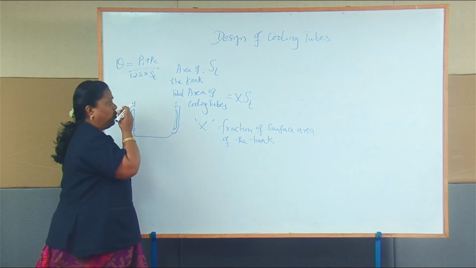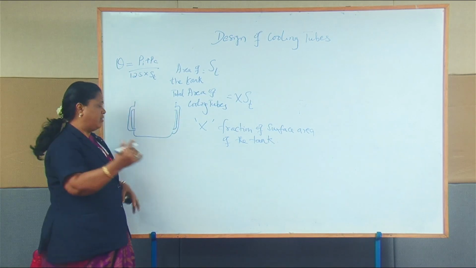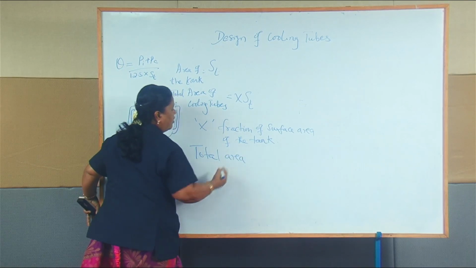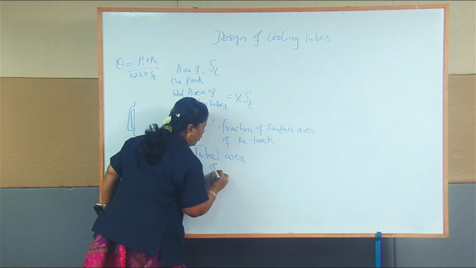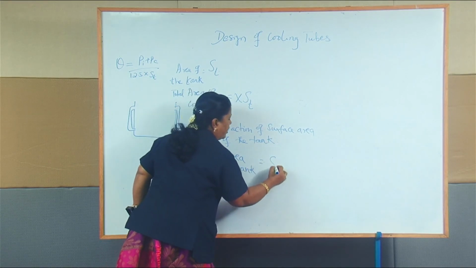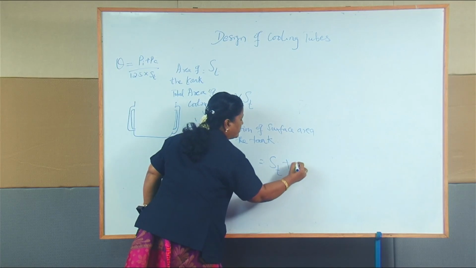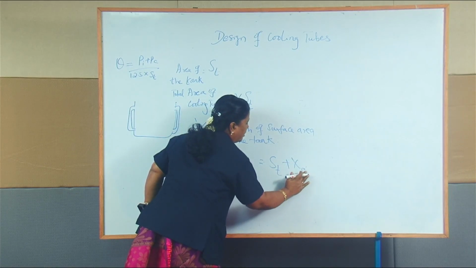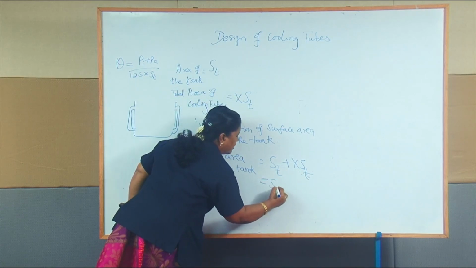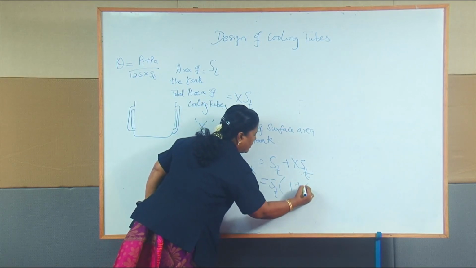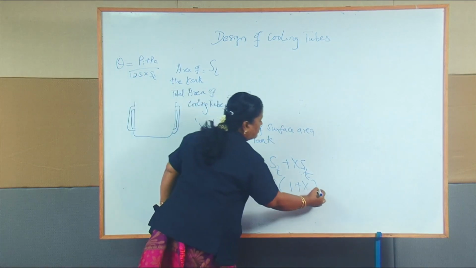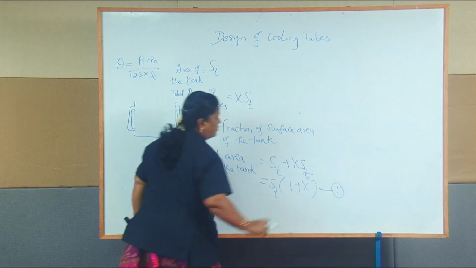Okay. So, now what is the total area of the tank? Now it will become St, the tank area, plus X into St. So, I can write this as St (1 + X). Consider this as equation 1.